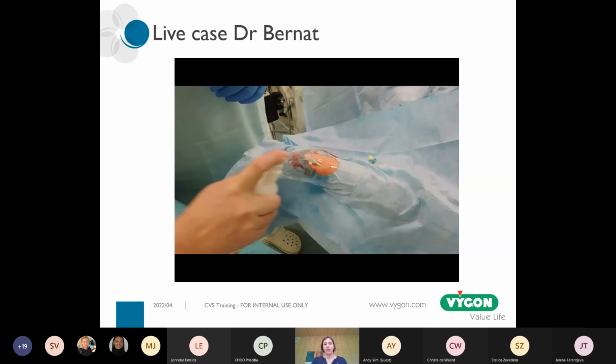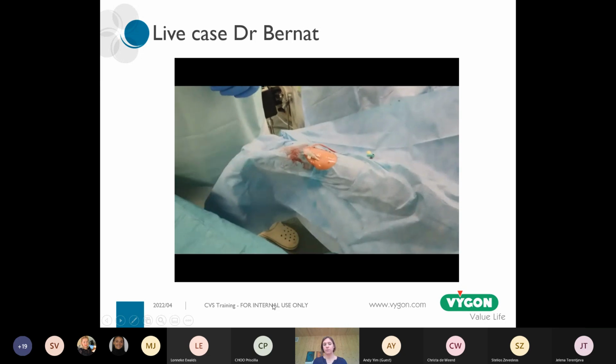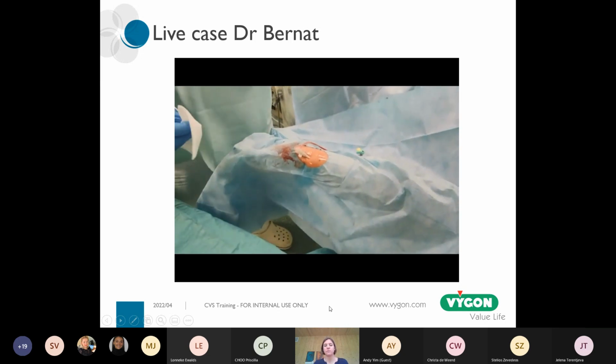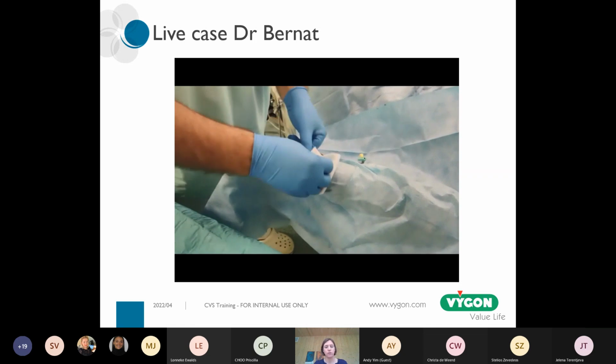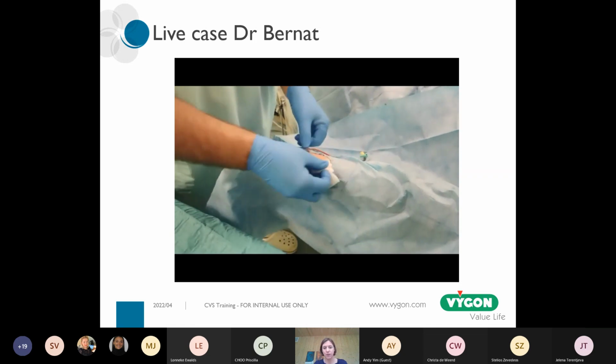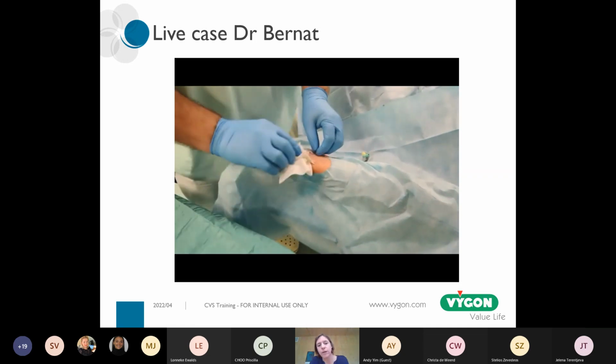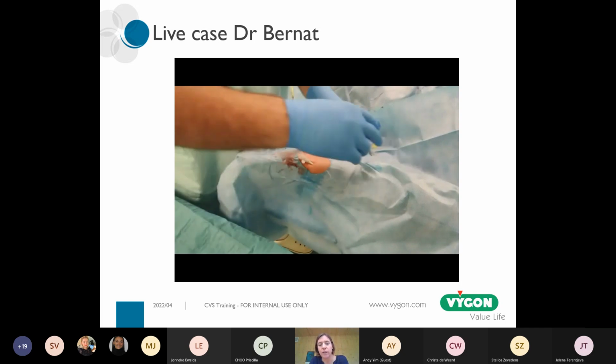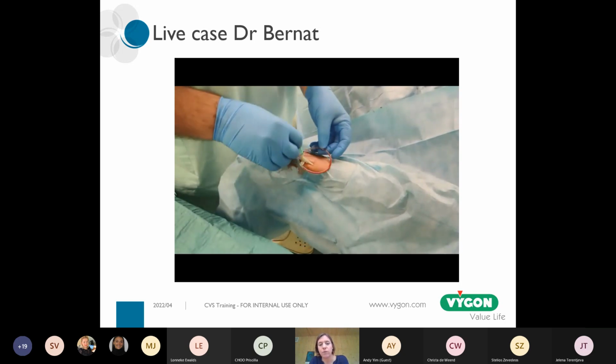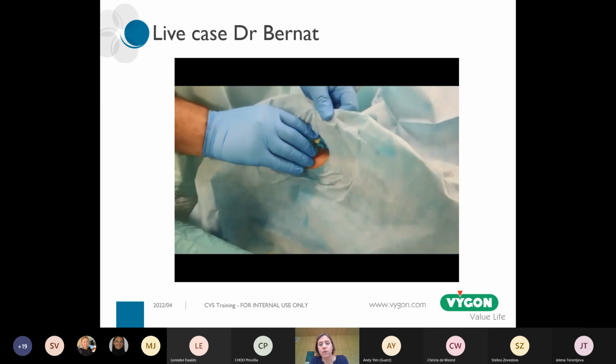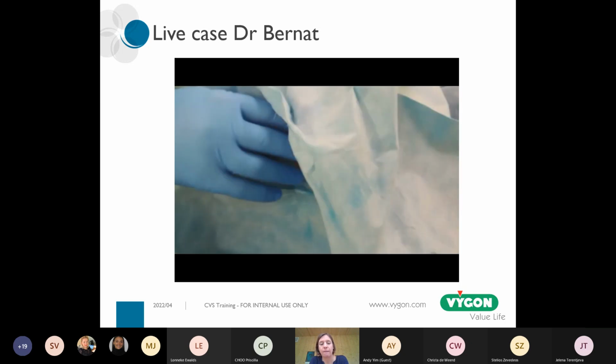Now you have a live case to see how it's used in the cath lab. There is no sound, it's normal. Okay, so the doctor cleans and dries around the introducer.